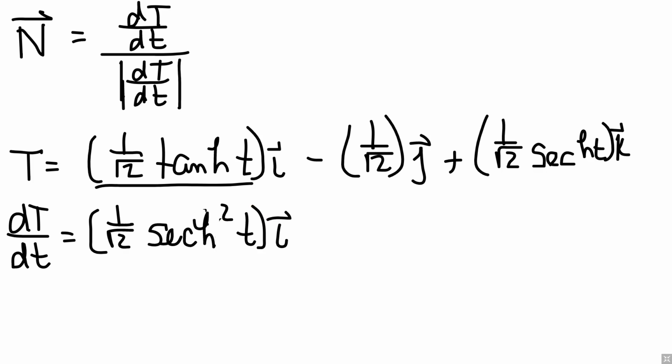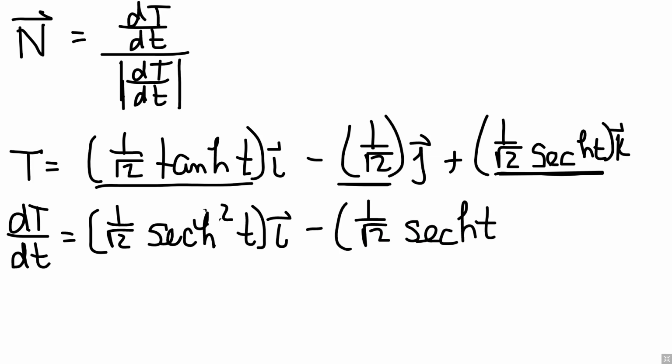All right. Now, what would be the derivative of the second component? 0. Okay, so we're just going to ignore that. And then if we take the derivative of the third component, what are we going to get? Negative 1 over root 2 secant t tangent t, and that's in the k direction. Okay. Any questions there?